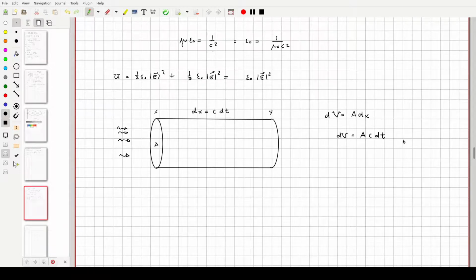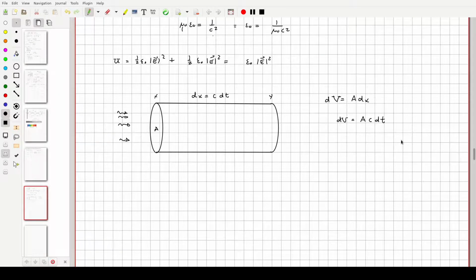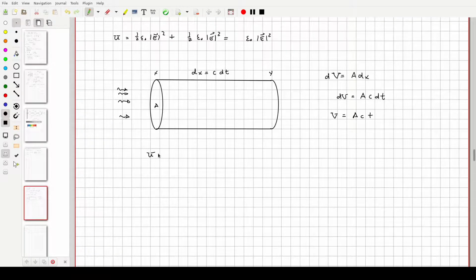Now, this is my energy density right there. My volume overall would just be A times c times t, if you want to think of it like that.